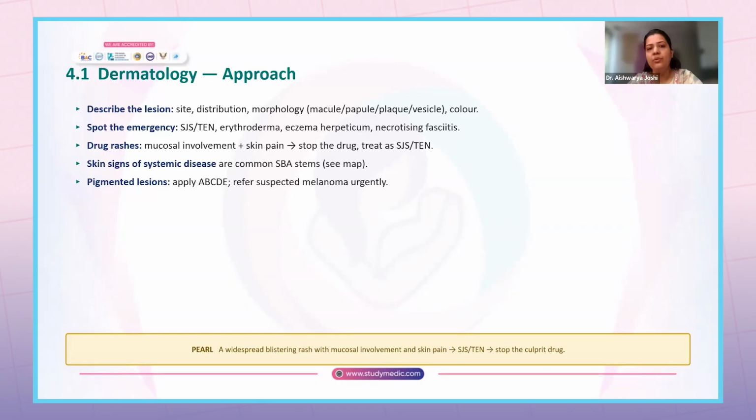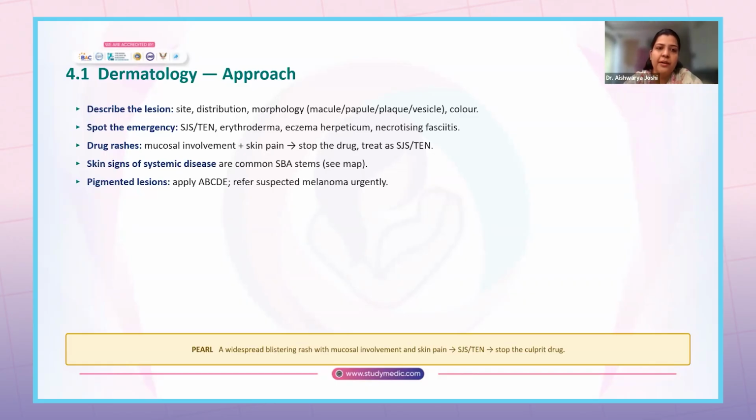Others are erythroderma, which could be bacterial infections, eczema herpeticum, again a viral infection, and necrotizing fasciitis, common in immunocompromised states. Drug rash: always read the scenario carefully to identify if any drugs are there which are triggering the rash.